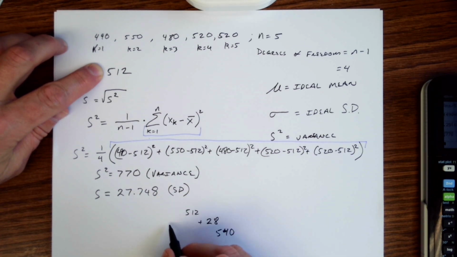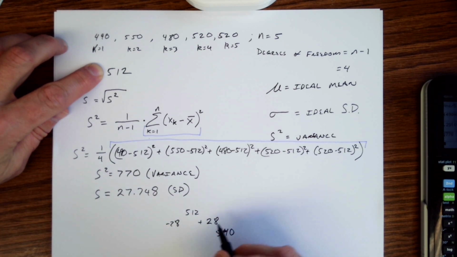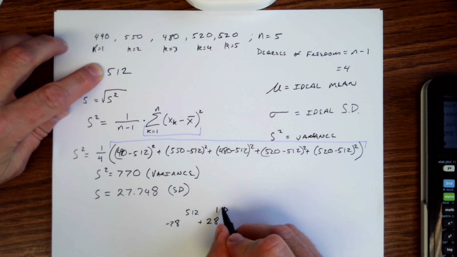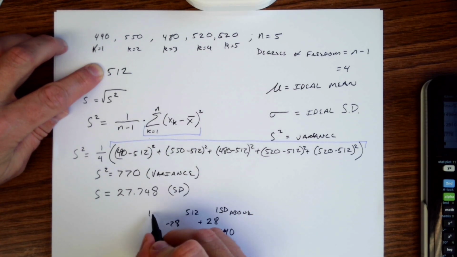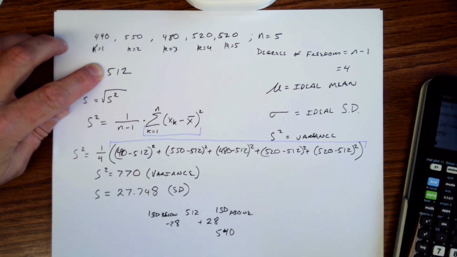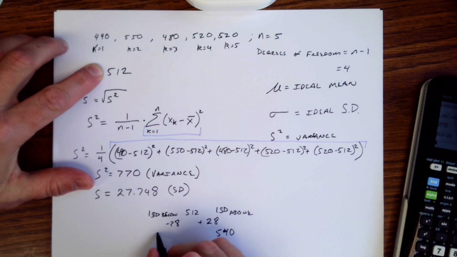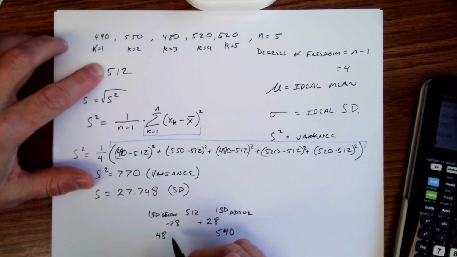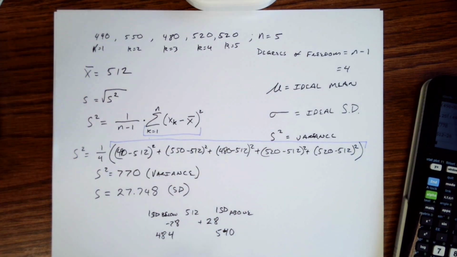And then if we do minus 28, so this is one standard deviation above and one standard deviation below. And if we do that, we end up with 512 minus 28, which is 484.